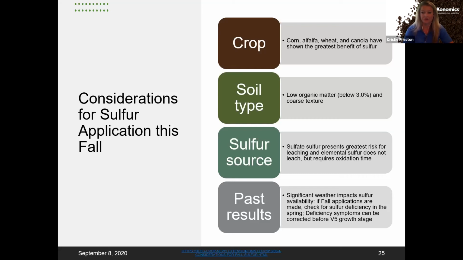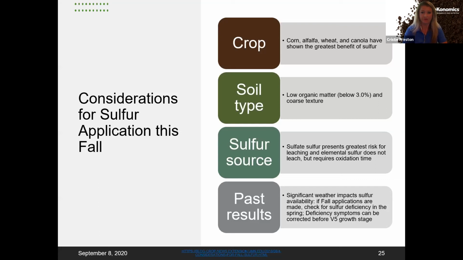We talked about elemental sulfur and the fact that it does require some time for oxidation. But if you choose to use a specialty product that might have smaller particle sizes, you might see faster oxidation rates compared to a standard product.